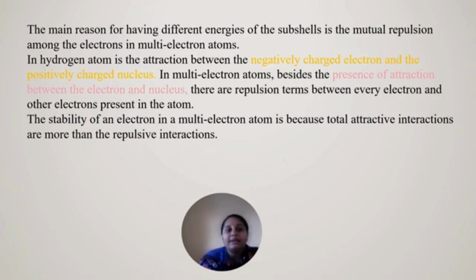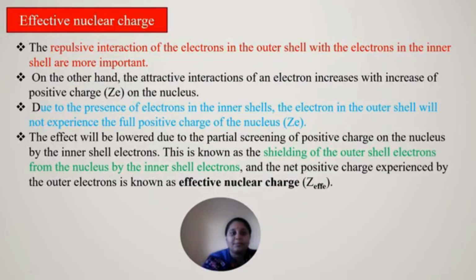Besides the attraction between the electron and the nucleus, there is a repulsion between every electron and the other electrons present in the atom. The stability of an electron in a multi-electron atom is because the attractive interactions are more than the repulsive interactions.